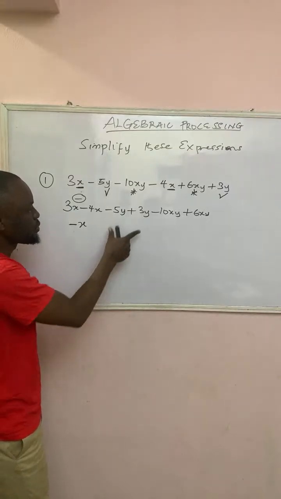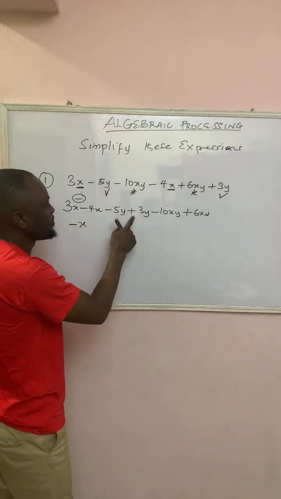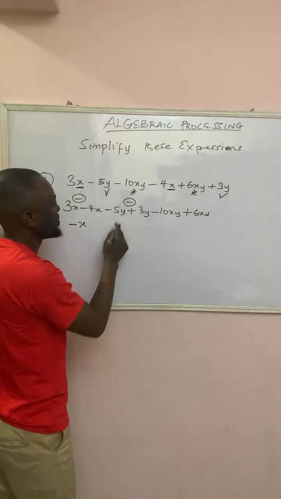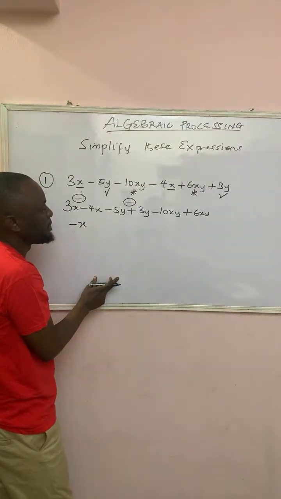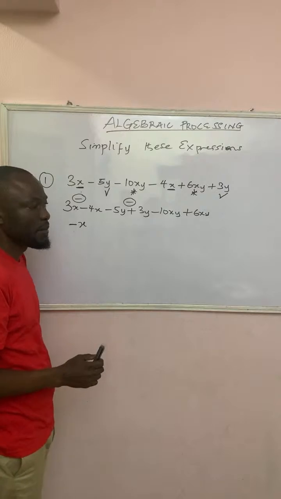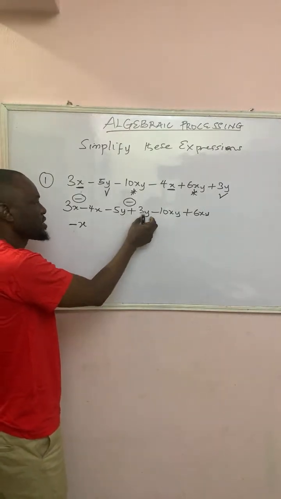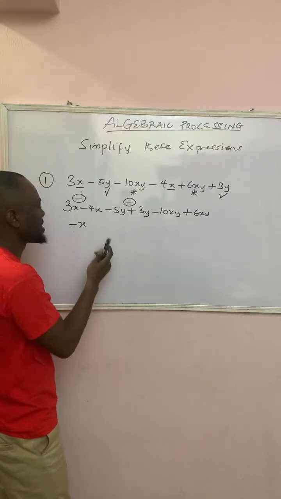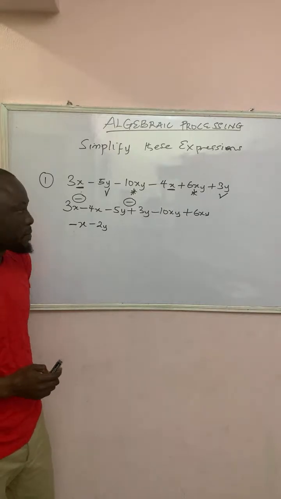All right? So we're going to do that for this. Minus plus will be minus. So the operation we have to perform on this is subtraction. So 5y minus 3y will give us 2y. Then we'll look at which one is bigger. 5y is obviously bigger than 3y. So we'll attach the sign of the bigger number to our result. So our result is minus 2y.